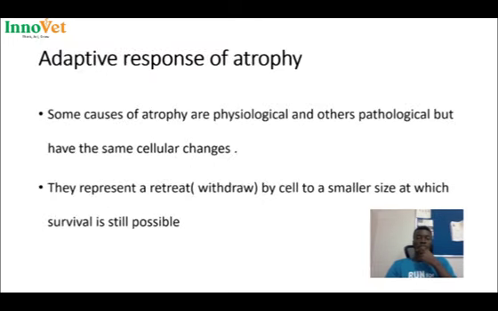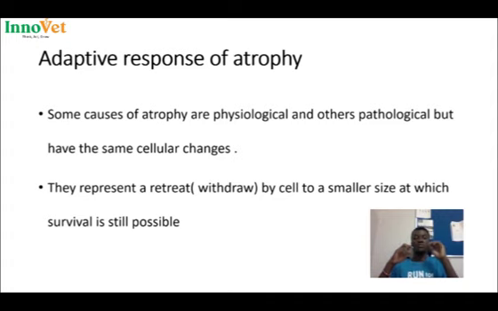So from there, we shall look at the adaptive response of atrophy. How do some of the cells respond to atrophy in a way that they should adapt to it? As we have said, some causes are physiological and others are pathological, but all of these have similar cellular changes that occur.